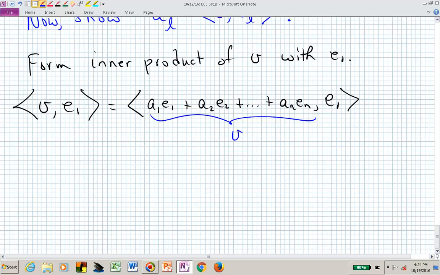But what do we know about the first slot? If we have a linear combination of vectors in the first slot, what can we do with it? We can now do the additivity of the first slot, right? We can now say that's a1 e1 with e1 plus a sub 2 e sub 2 with e1, etc. up to a sub n e sub n with e1.